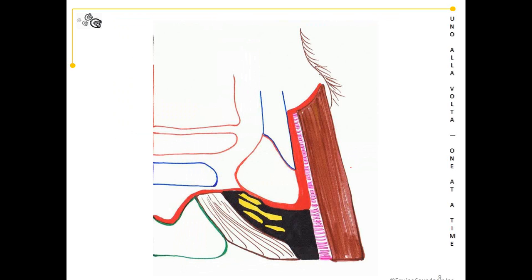In this drawing here, we see some kind of abscess that often happens when there is overlaid bar onto the sole, and then you get some pressure necrosis if this happens for a long time.